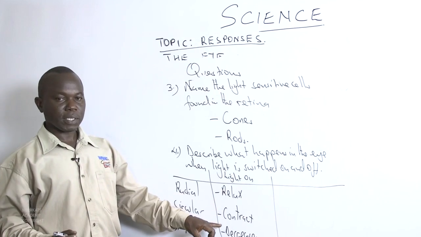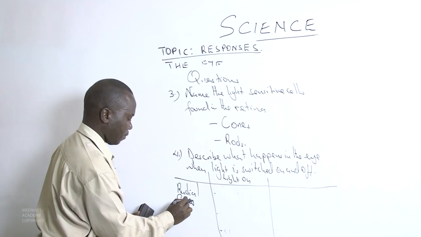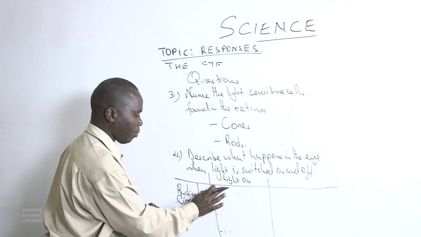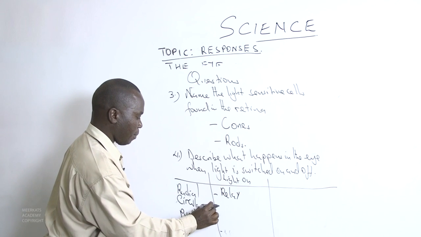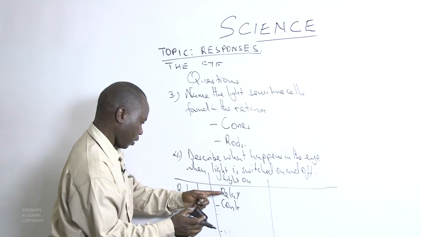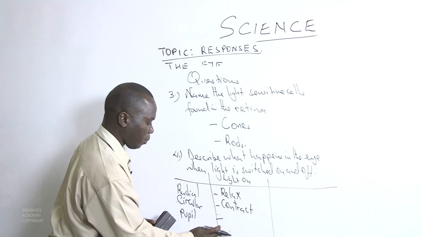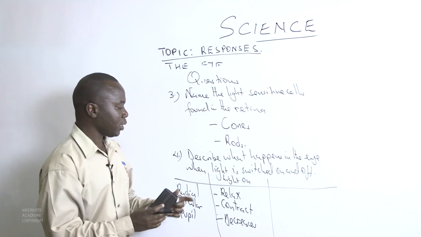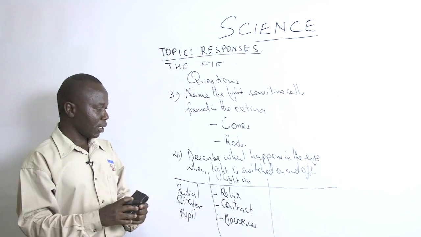When the size of the pupil decreases, there is less light reaching the retina. So with high light in that room, less light reaches the retina.